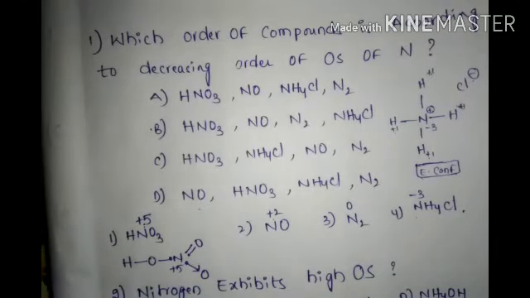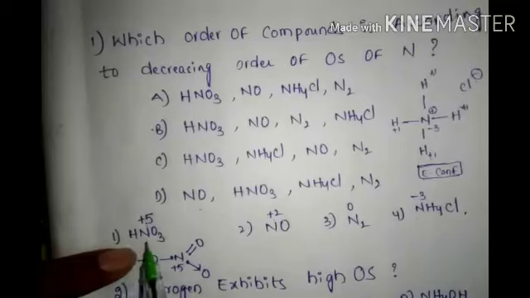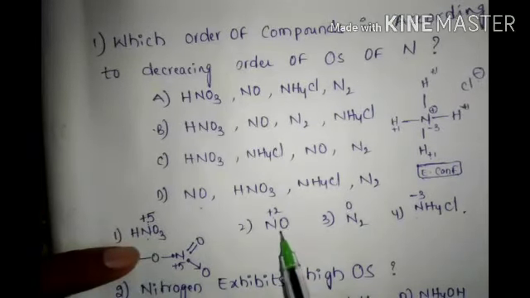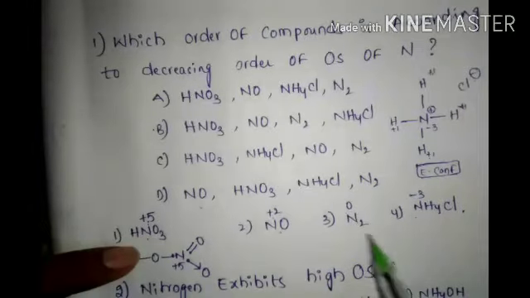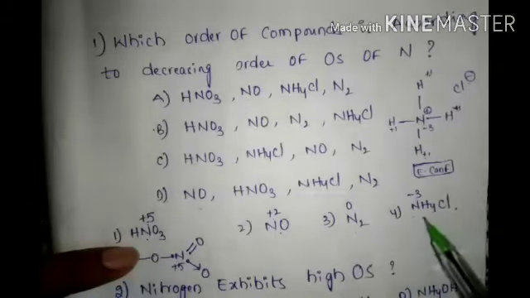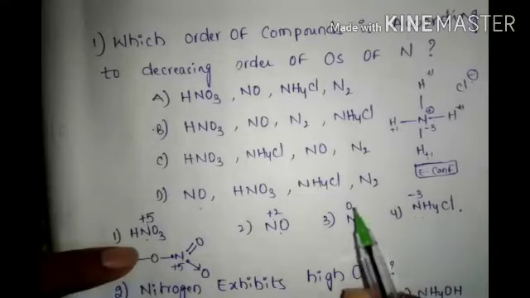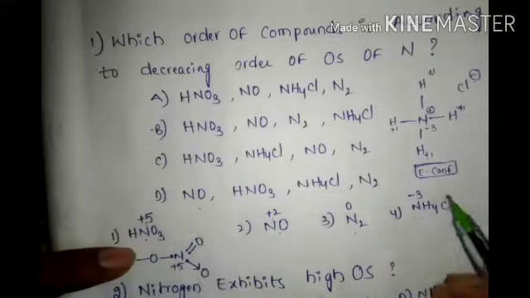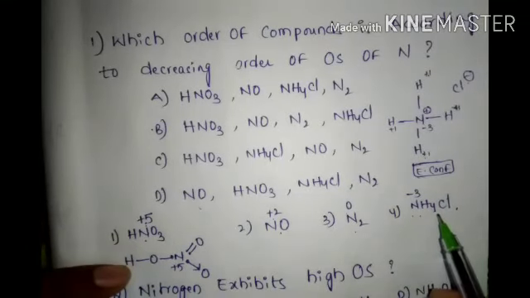We have to see decreasing order. Which is highest? HNO3 is highest. Second is NO. Third is N2. Fourth is negative. So 0 to positive, 0 to negative. Whatever we are taking, the sequence is correct.